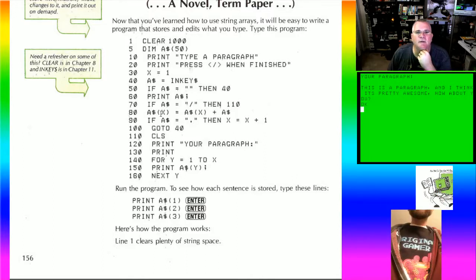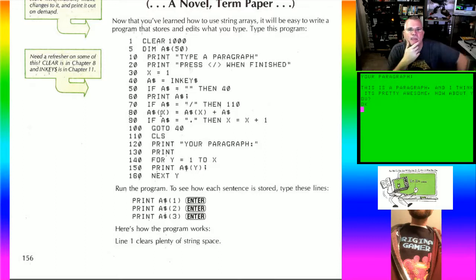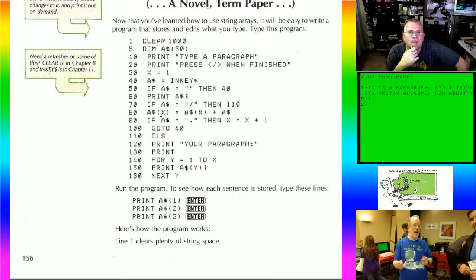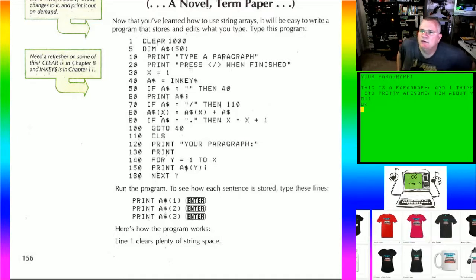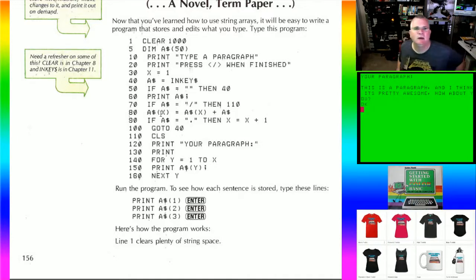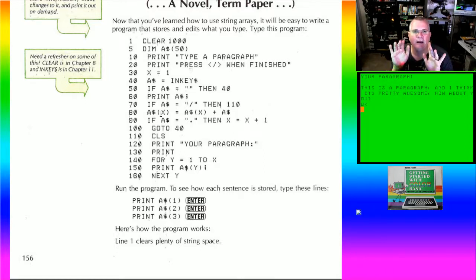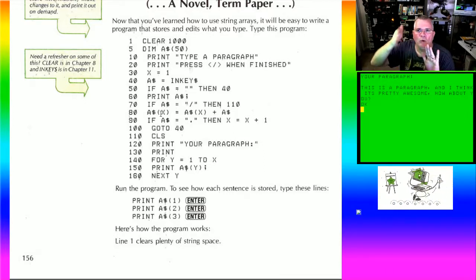Line 80 is now storing the text. So it says A string x equals A string x plus A string, which is kind of funky, right? Because x started off as 1. And so as I continue to type, I am adding more to the same string.